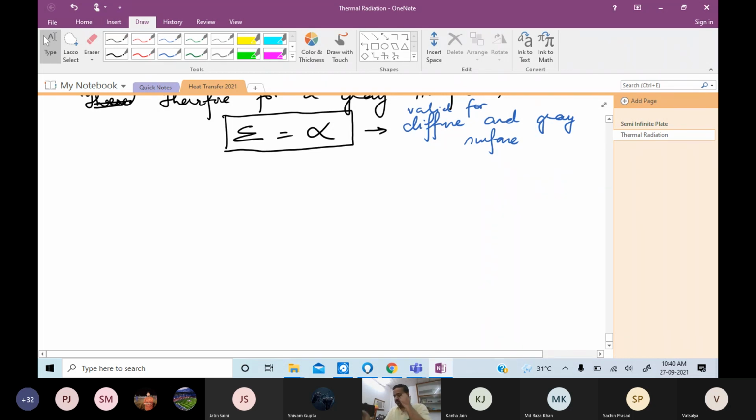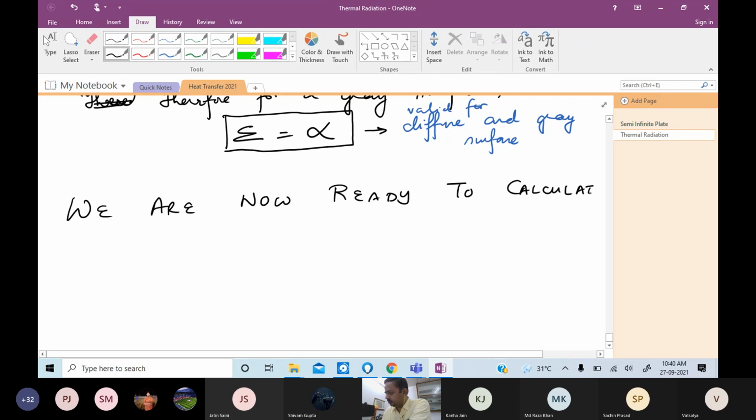All right. So with this, we are now ready. Finally, the moment has come. We are now ready, or equipped, to calculate heat transfer between two surfaces.